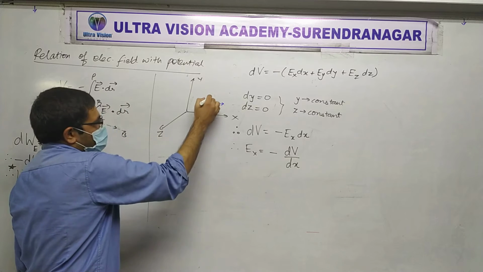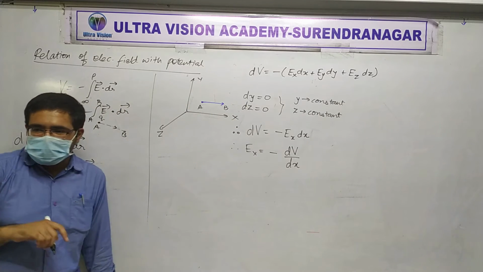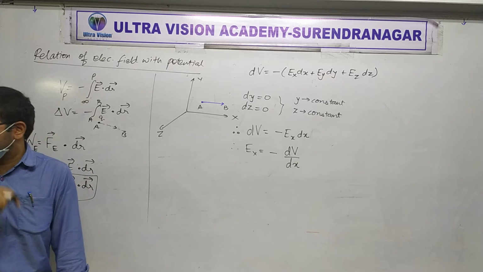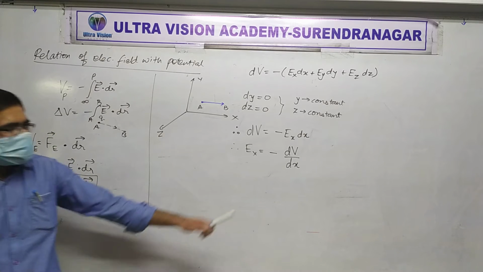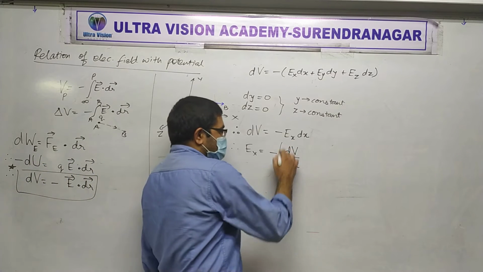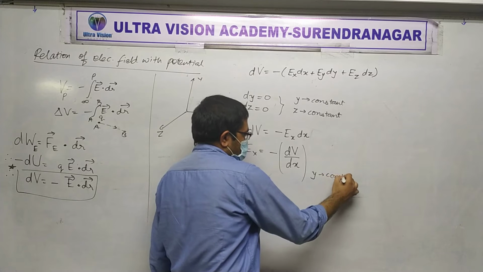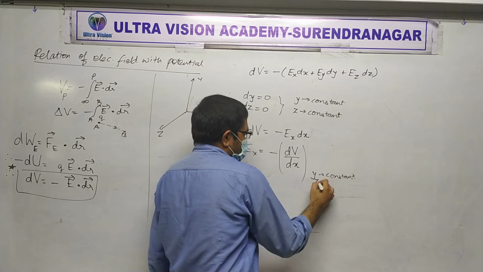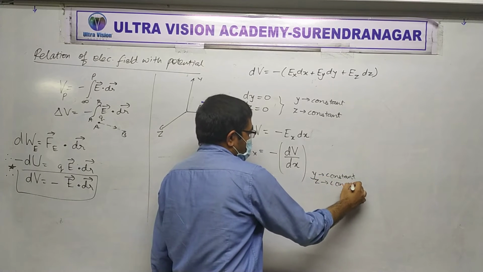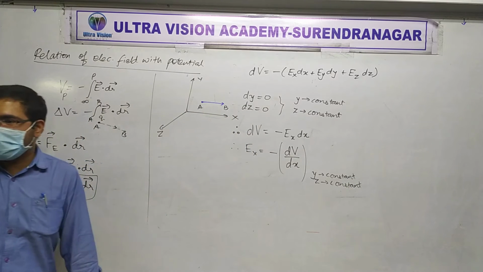Only when I took the displacement to be horizontal, with only x changing and y and z not changing, do we get this. This is differentiation with the condition that y is constant and z is also constant.